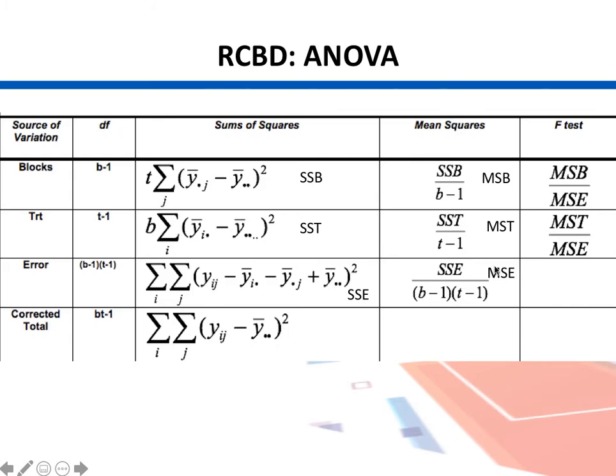These are actually the variances. We can call this s square b, this s square t, and this is our s square within the treatments, which we call the error term.